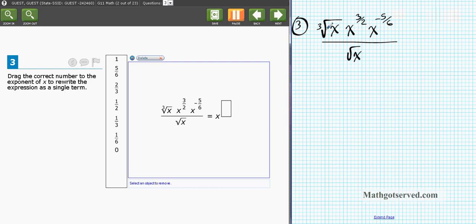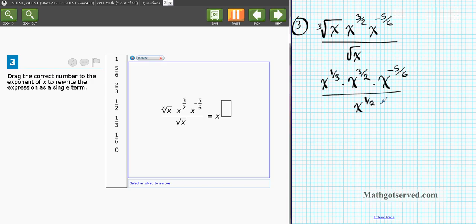So the cube root can be written as x to the 1/3 times x to the 3/2 times x to the -5/6 divided by, using the special case of the nth root property of exponents, square root of x can be written as x to the 1/2. Now using the product property of exponents, it tells us that when we're multiplying exponents of the same base, you add the powers.